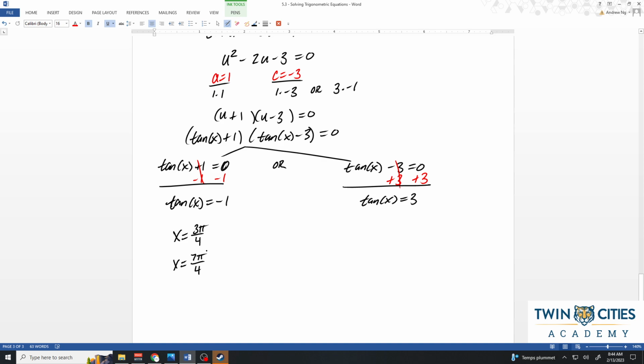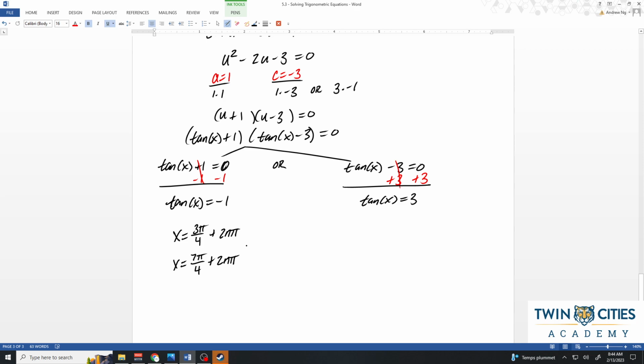But since it didn't restrict me to that first circle, I want to say every time I go around the circle, I hit this point. So I'll say 3 pi over 4 plus 2n pi, and 7 pi over 4 plus 2n pi.